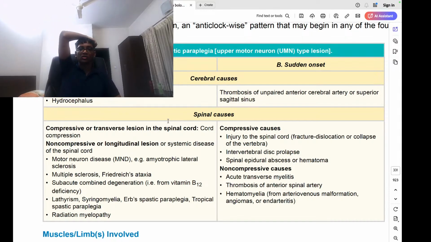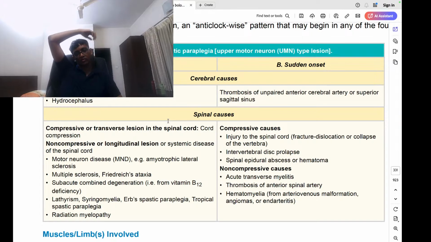Then spinal cord: unpaired anterior cerebral artery, parasagittal meningioma, hydrocephalus.